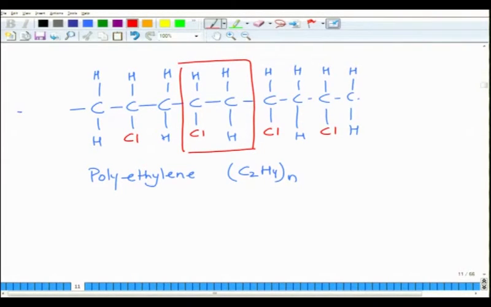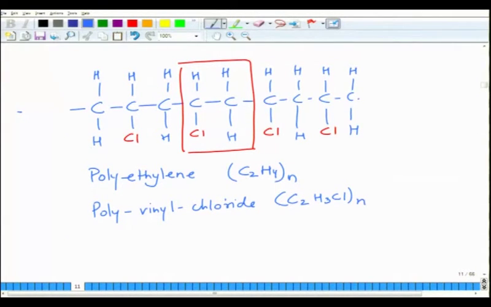This makes what we call polyvinyl chloride. So basically it is C2H3Cl n.